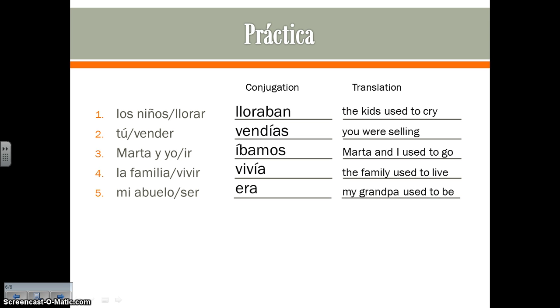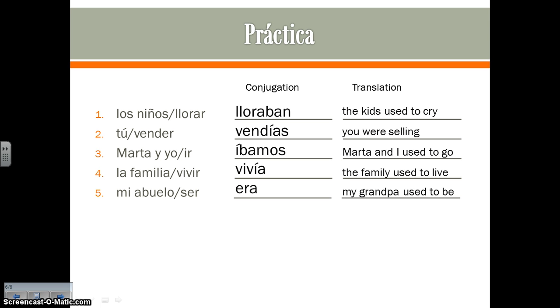Vender in the tú form is vendías, again, accent on the I. You were selling, or you used to sell. For número 3, Marta y yo, so we're going to be in the nosotros form. Ir is one of our irregular verbs, so it's going to be íbamos with an accent on the I. Marta and I used to go, or Marta and I were going.